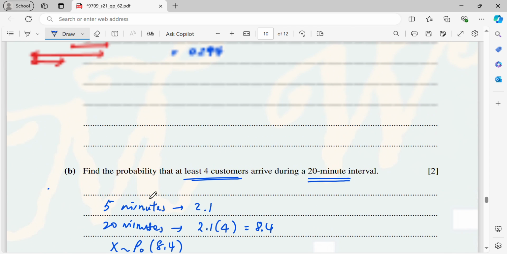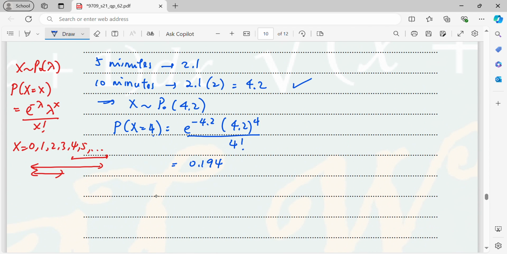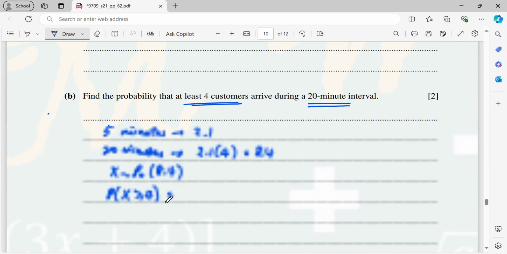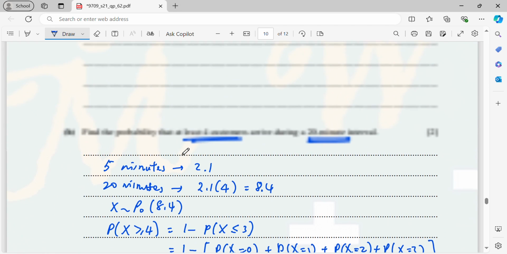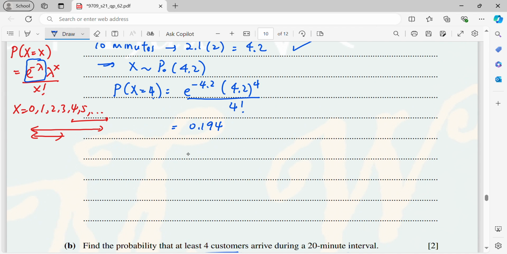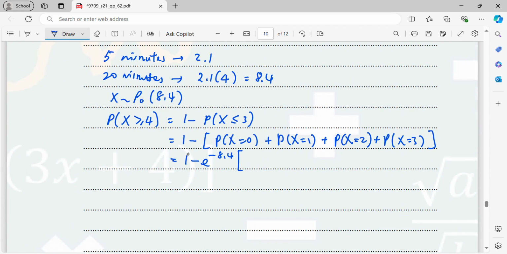Then use the same formula again. Since e to the power of minus lambda is in common, because it does not depend on x, I will write e to the power of minus 8.4. When x equals 0, lambda power 0 will be 1 and 0 factorial is 1, so the first term is always 1.